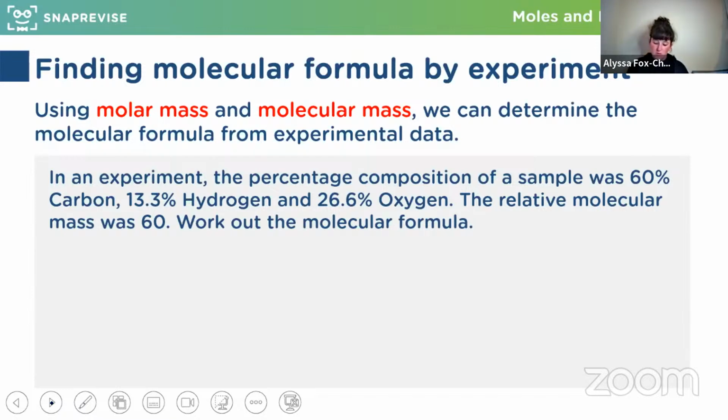So first of all, if you've been asked to work out molecular formula, but you've only been given percentage compositions, either with a percent or with a mass, the first thing we need to do is work out an empirical formula. Once we've worked out the empirical formula, we can then work out the molecular formula.